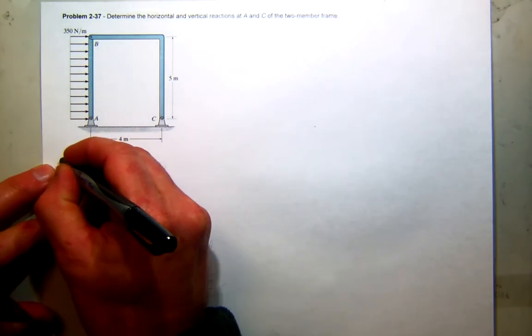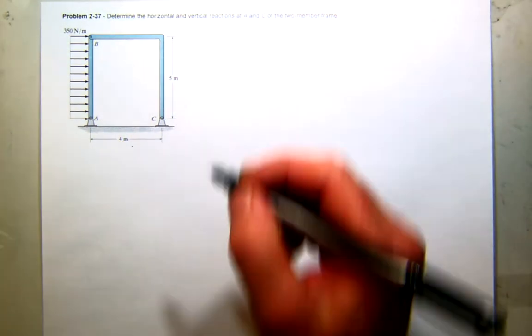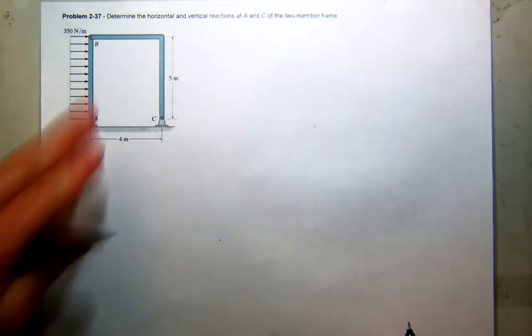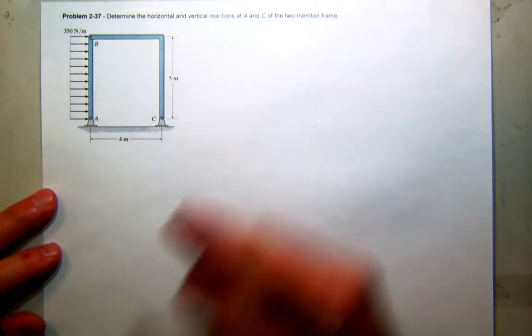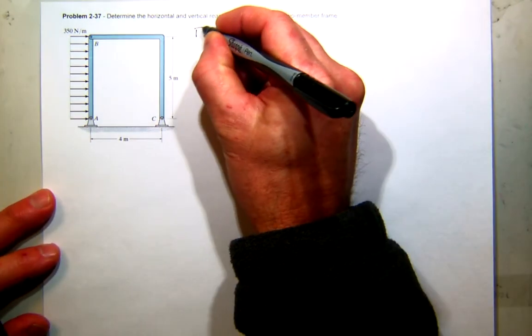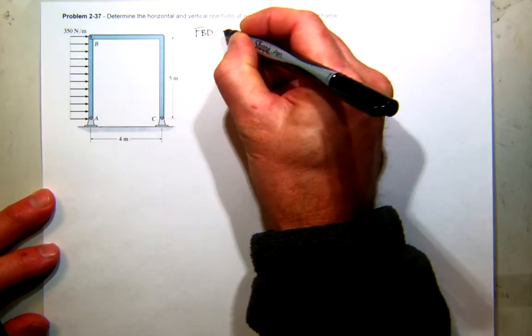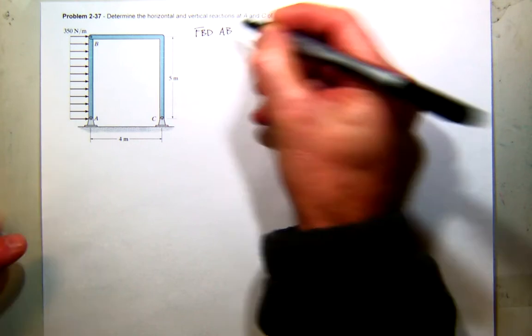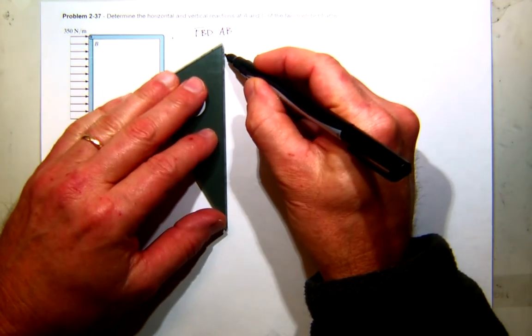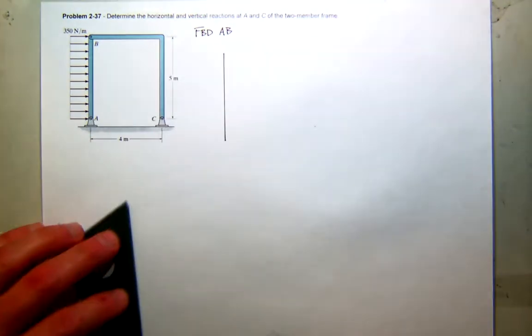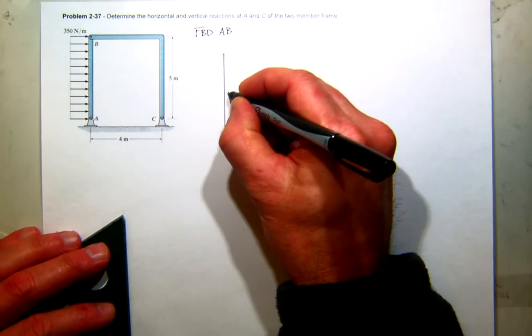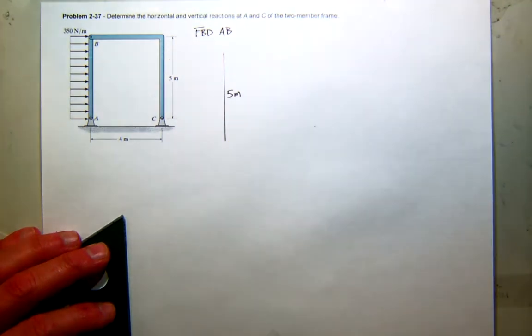So let's do a free body diagram of section AB. So there is the structure. It's 5 meters tall.